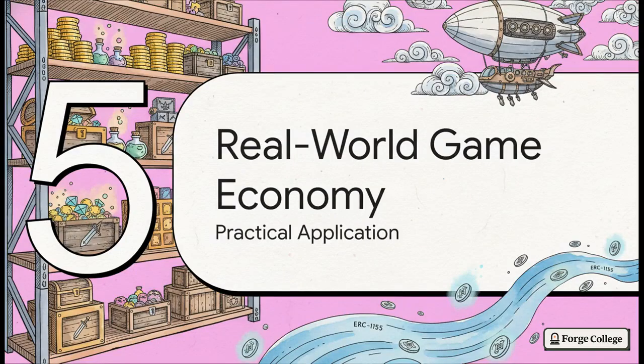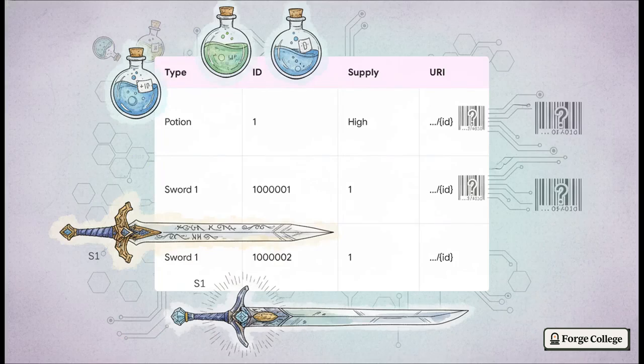And finally, Section 5, real-world game economy. Let's break down how massive this flexibility really is in practice. In a single game inventory, you could have a fungible potion. It's just a bulk consumable with a massive supply of 10,000. But right alongside it, you could have unique swords. By using a large ID number space, say starting at 1,000,001, we create a built-in serial number for a non-fungible, one-of-a-kind asset.